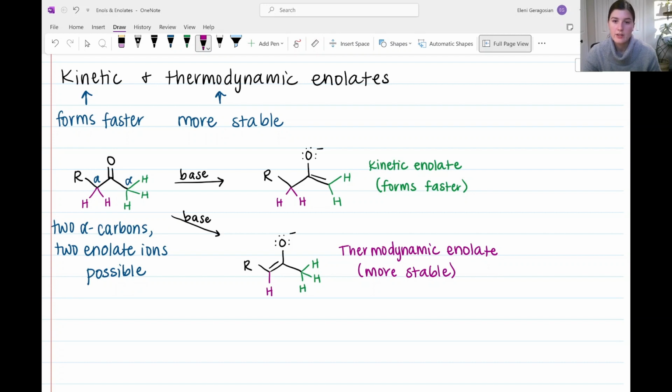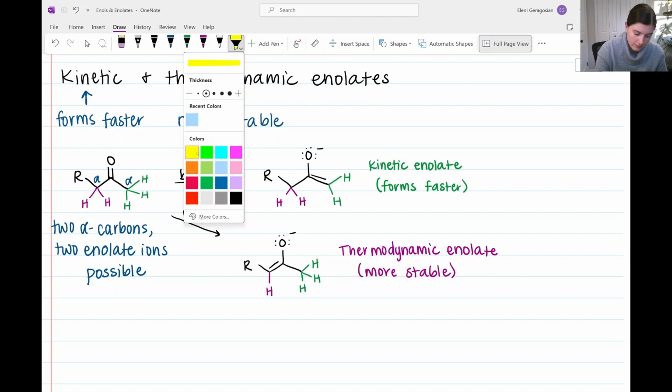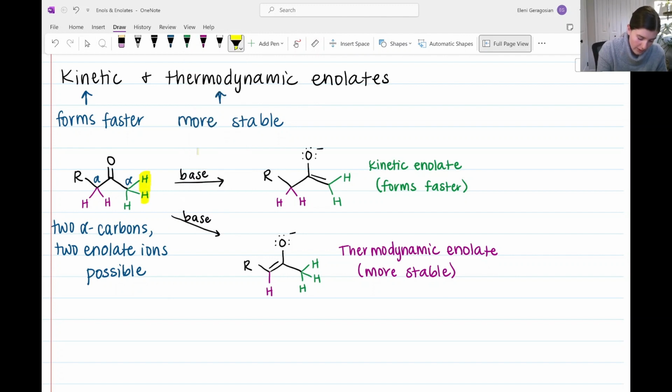So our kinetic enolate forms faster, again, because any one of those 3 hydrogens could be removed. As opposed to forming the thermodynamic enolate, where there are only 2 hydrogens.